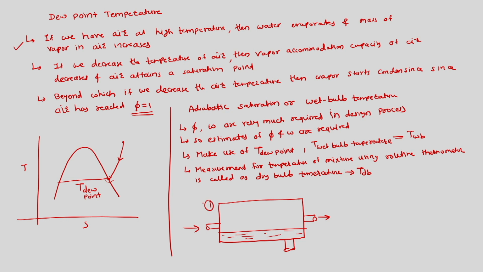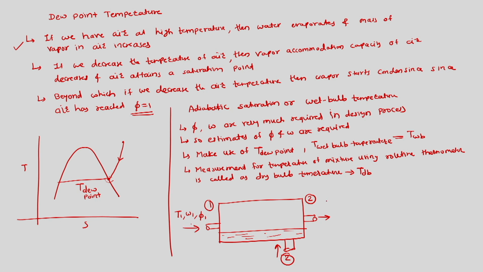So we are treating it as 1, and this station is 2, and we are supplying some water if it is required from here, which is again at state 2. So here air is entering, air is at temperature T1, omega 1, phi 1, and it will have vapor pressure PV.